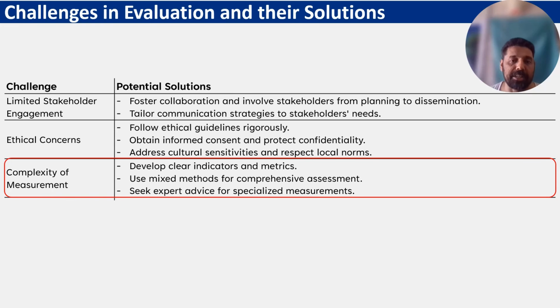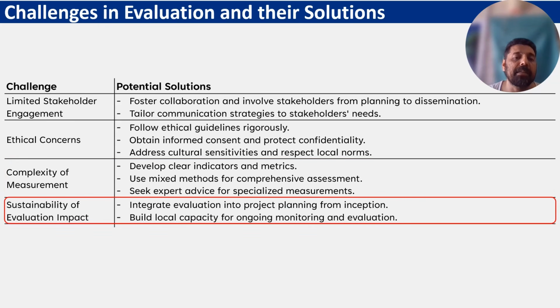Complexity of measurement. Develop clear indicators and metrics. Your indicators, against which you are collecting the data, and the metrics, should be clear. Use mixed methods for comprehensive assessment. As we discussed earlier, quantitative and qualitative methods. Seek expert advice for specialized measurement.